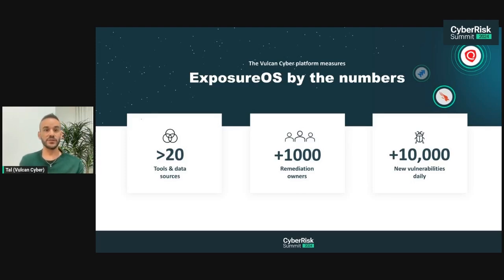All of that together, we're seeing more than 10K daily vulnerabilities. I don't think it's a surprise, the scale of the issues we're dealing with on a daily basis. And this is exactly why the ExposureOS, or the Vulcan One platform, comes to help you prioritize your work.